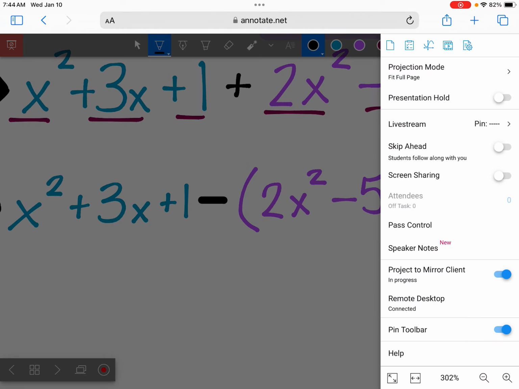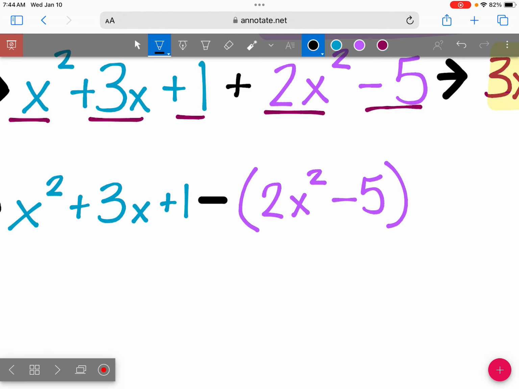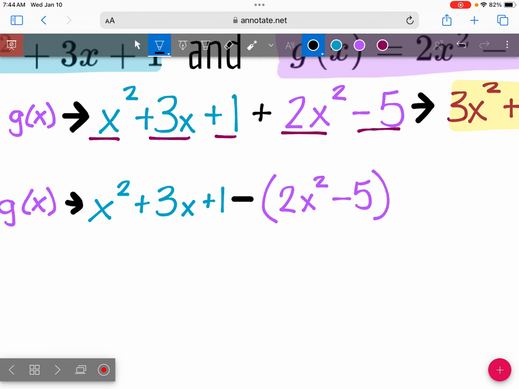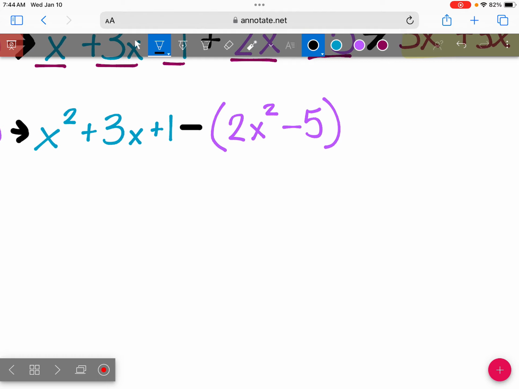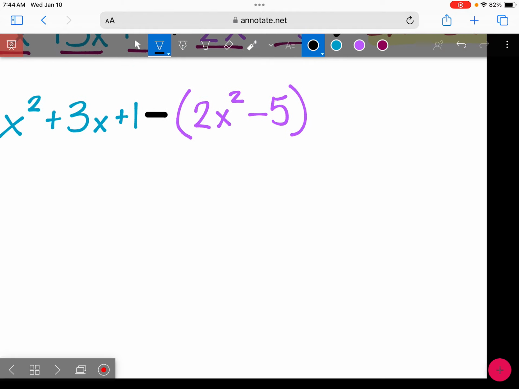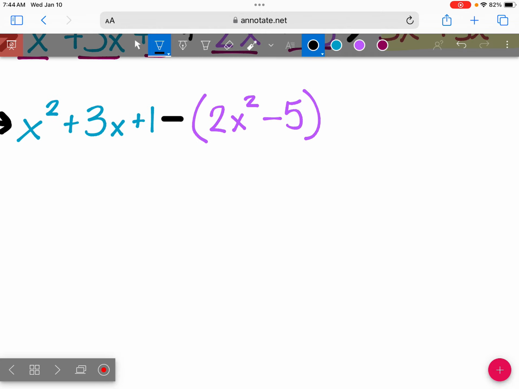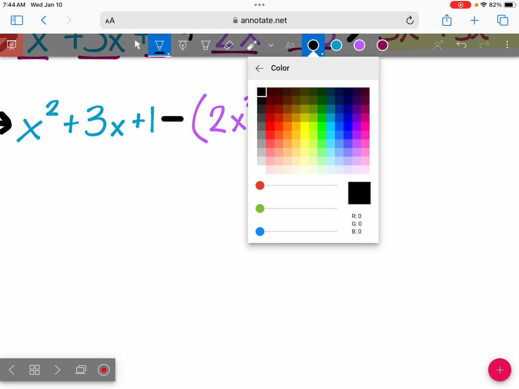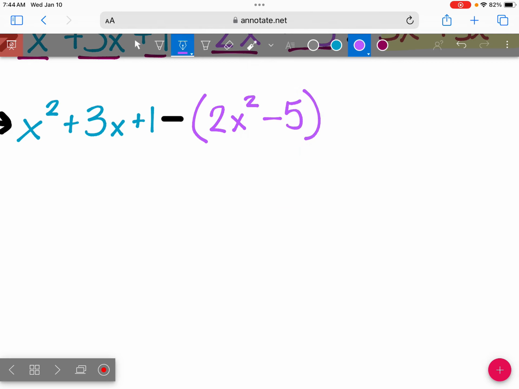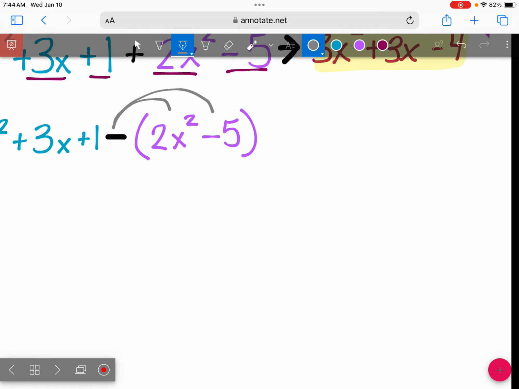I'm going to change the view again. I don't like it out that far. I think that makes it easier to see. So then we need to distribute that minus sign so that we can actually do stuff with it. So I'm going to take this minus sign and we're going to distribute it over here.